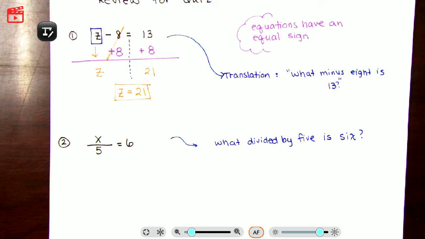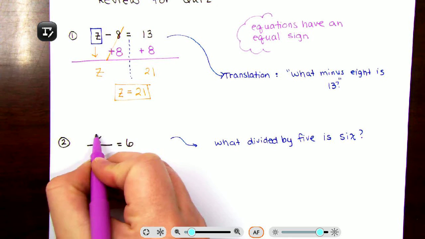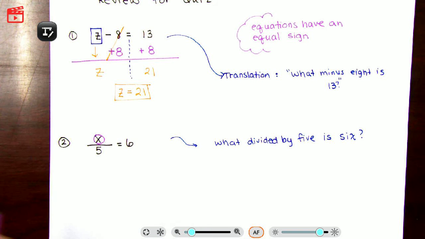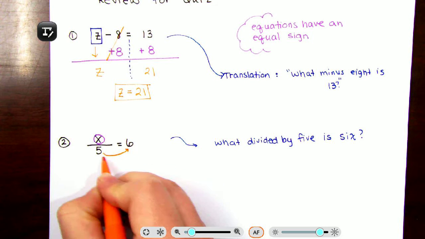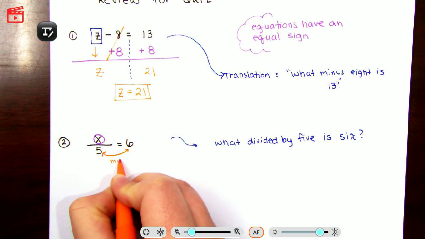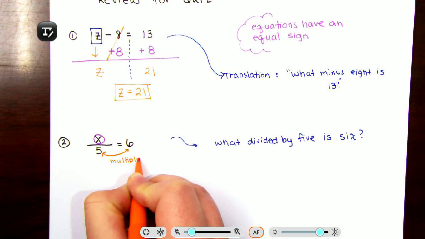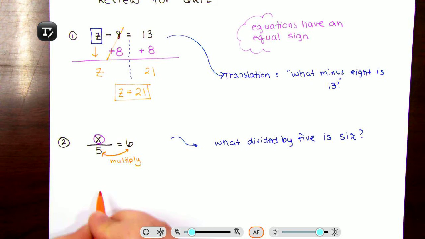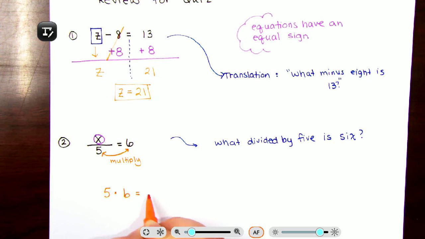I'm going to show you a trick on this. If you have a variable on top, notice this variable is on top, what you're going to do is take these two numbers and multiply. So this says 5 times 6 is x.